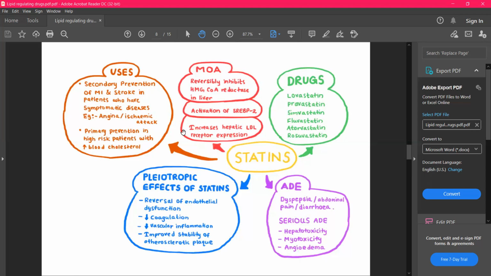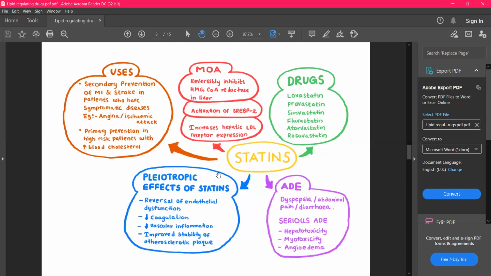And the same thing goes with HMG-CoA reductase enzyme activity. They are more active during the night. And statins are metabolized by CYP450 liver enzymes and excreted through bile and feces.